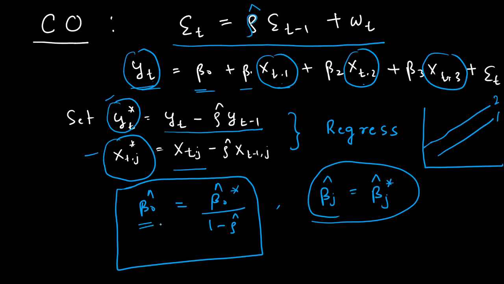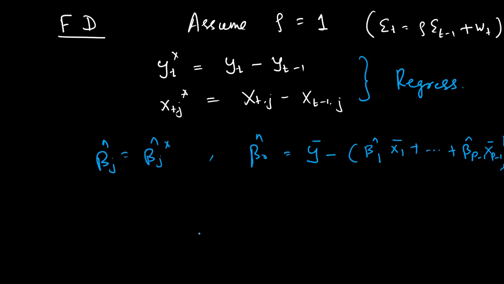Whereas the intercept is going to change by some amount: beta naught hat equals beta naught hat star divided by 1 minus rho hat. And remember, we already have this value in place. Alright, so that's the first way. A much easier way is the first difference one, and this is often encountered in many forecasting models.